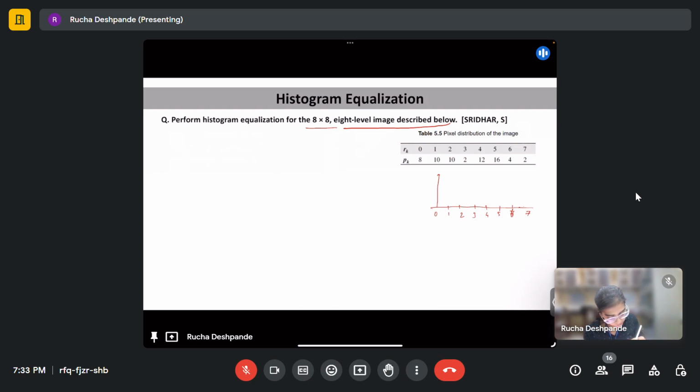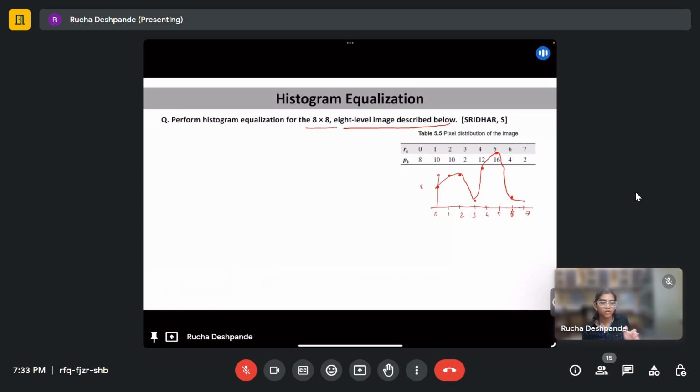For 0, we have a total of 8 pixels. For 1, we have 10. For 3, we have only 2 pixels. For 4, we have 12 pixels. 5 has 16 pixels, then again 4 and 2. This is roughly the shape of this histogram.